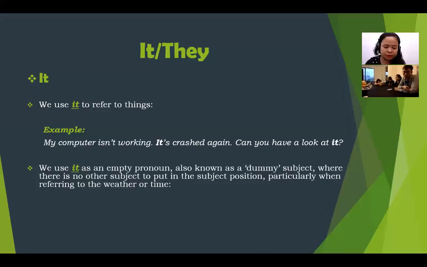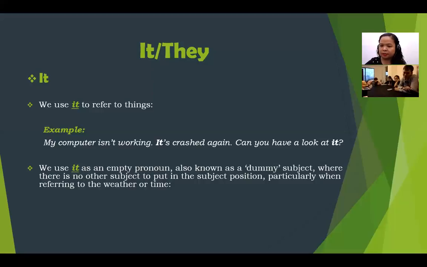Another one, Nadi, please read. We use it as an empty pronoun, also known as a dummy subject, in the subject position, particularly when referring to the weather or time.